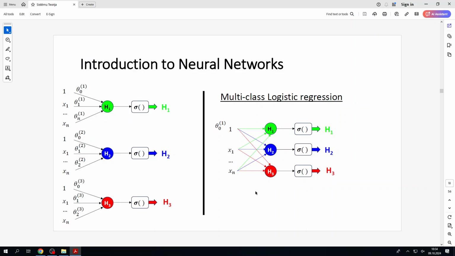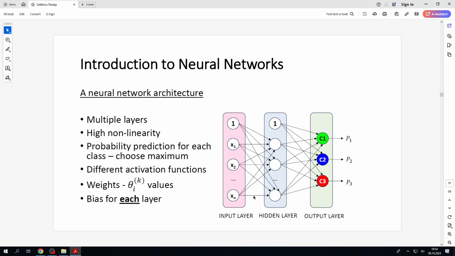Which is our next logical step, to add an extra layer at the end. So if I say this is hypothesis 1, this is hypothesis 2, and this is hypothesis 3.